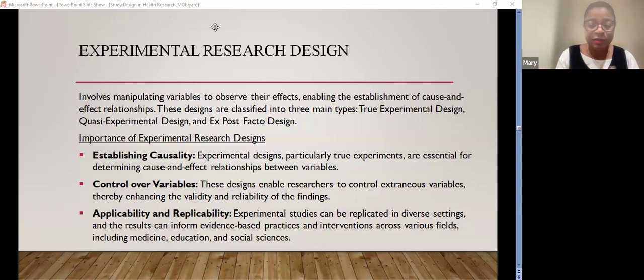And that's how it explains, for many of you clinicians, that if you take 500 milligrams of paracetamol or Tylenol, it will reduce this body ache, or this will address cold. The dosage. All these are possible through experimental research design, and applicability and replicability is the key thing here that helps us achieve that.